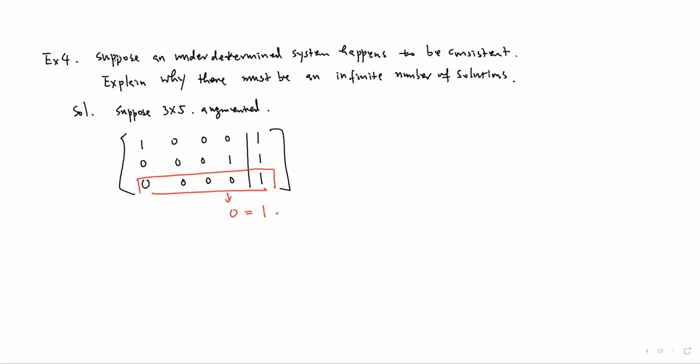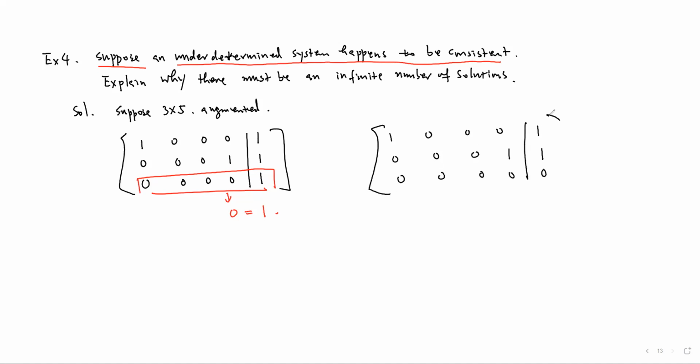Now suppose an underdetermined system happens to have a solution. Why are there infinitely many solutions? Because the linear system has 4 variables. Take a look at this: 1, 0, 0, 0, 1, 0, 0, 0, 1, 1, then 0, 0, 0, 0. This underdetermined system has a solution because the bottom non-zero row is not of that form.